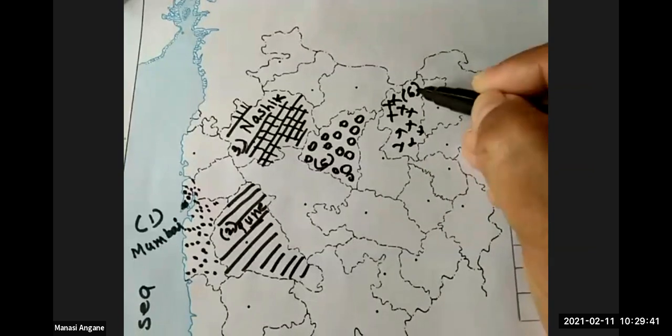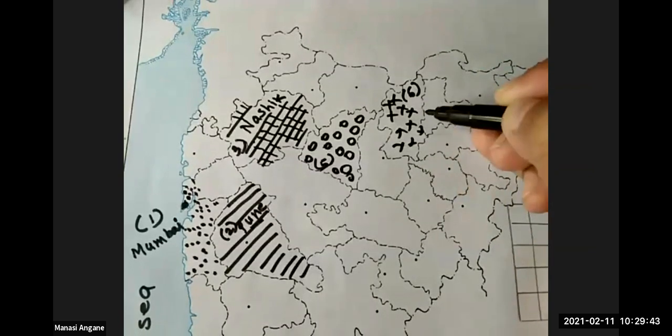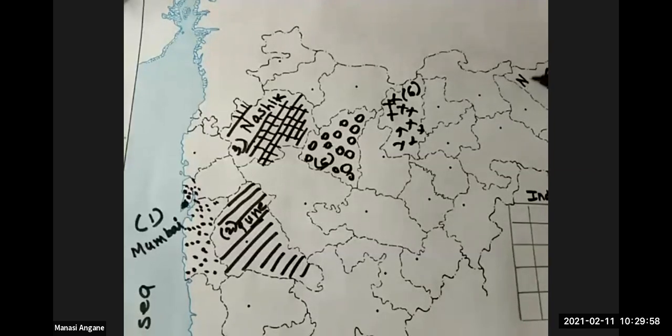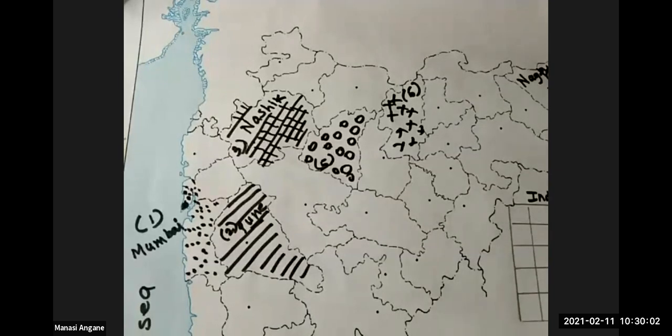You can write over here 6, and write the names of this particular place. And then we'll go to Nagpur. Nagpur comes somewhere here. It is very important for you to know the fourth number. You can write Nagpur here, and this is also correct. If you write this much, then it is correct.